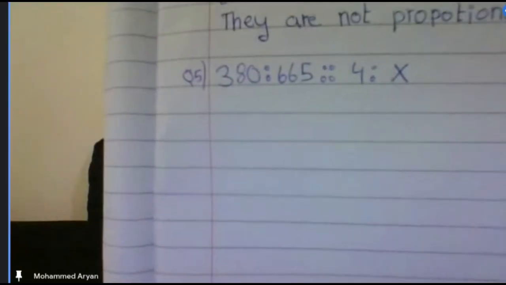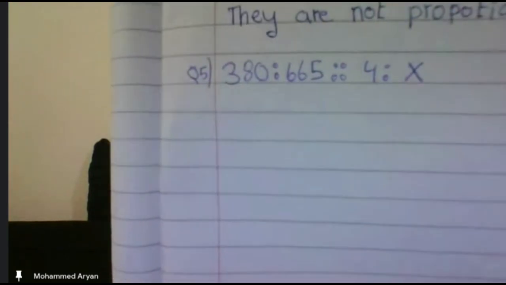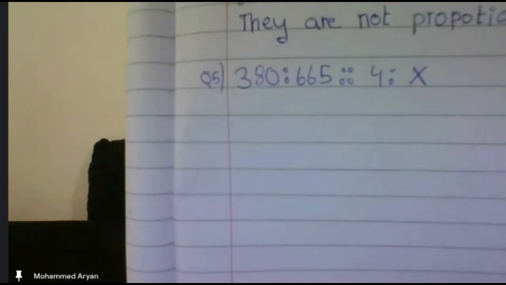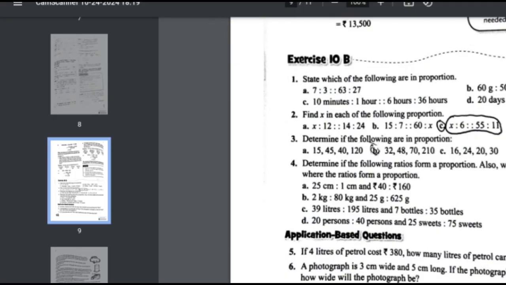Yes, you have to mention 4 in the ratio 380, double ratio X in the ratio 665. With this? No, because liters are related to rupees. So I think you have to cross this term, Aryan.